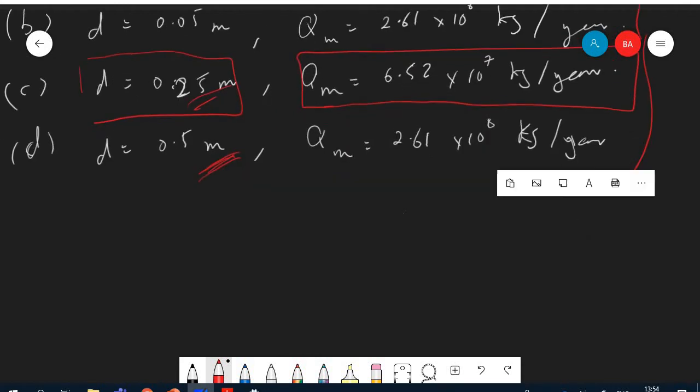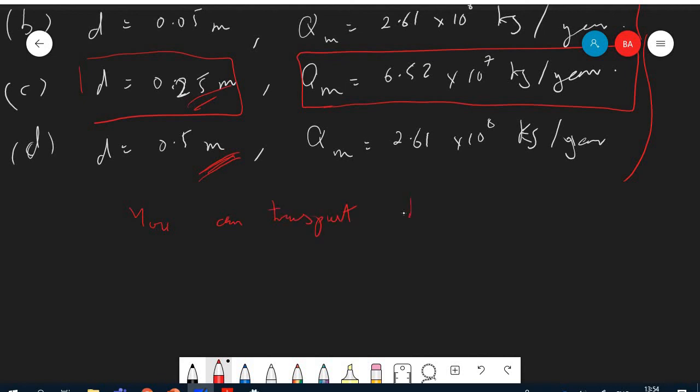So what is the comment here? The comment is that you can transport big amounts with a small pipe.